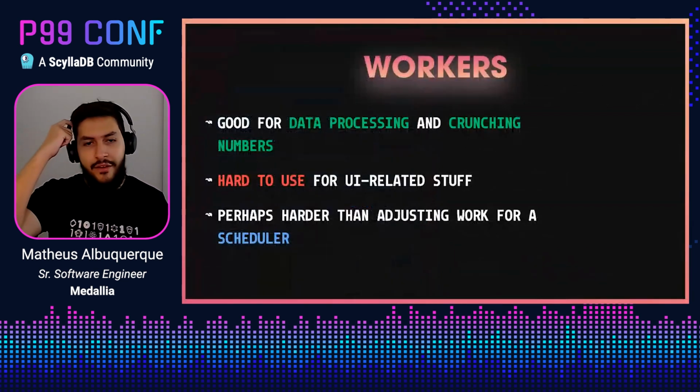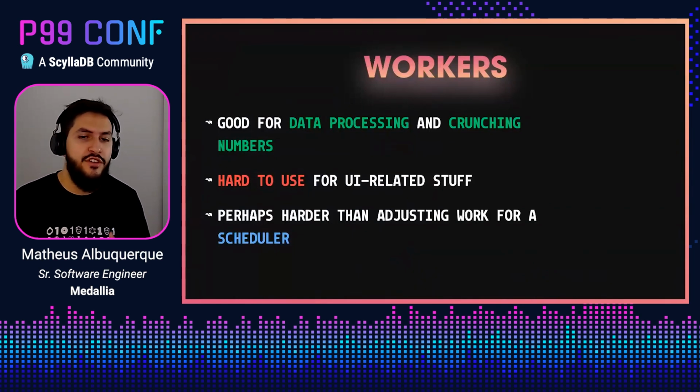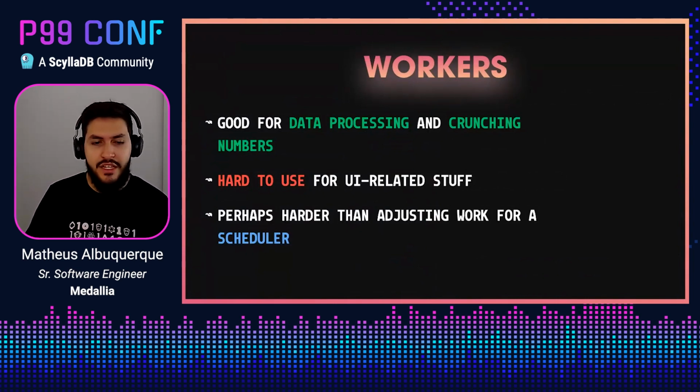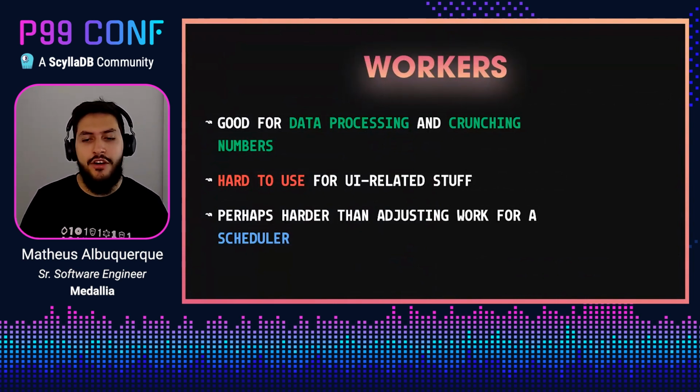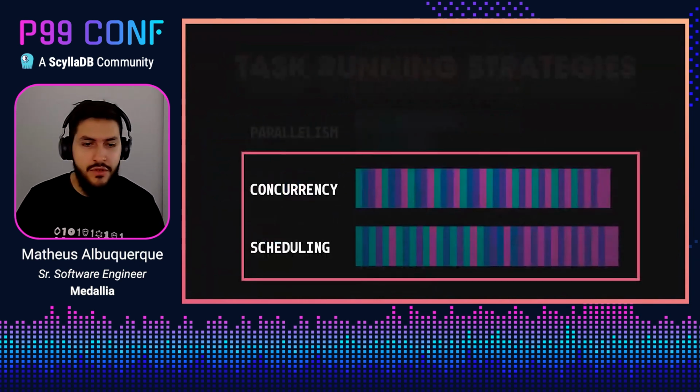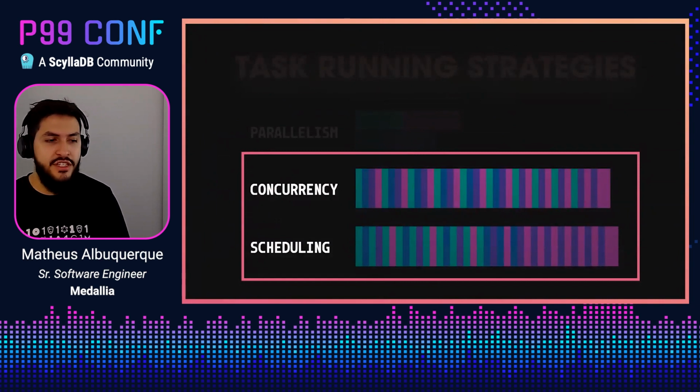But overall, I have this sensation that workers are great for heavy data processing, etc., but they tend to be hard to use for UI related stuff. And sometimes it might be harder than adjusting the UI work you have for a scheduler. So that's when we get to talk about concurrency and scheduling.